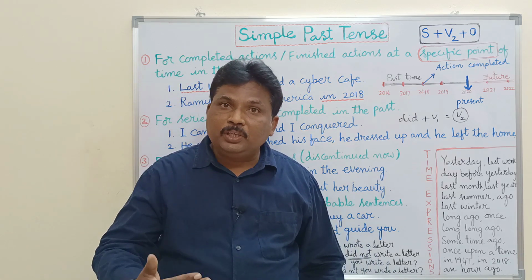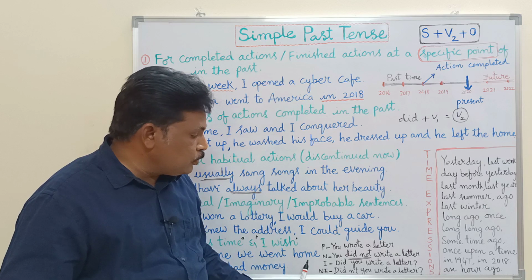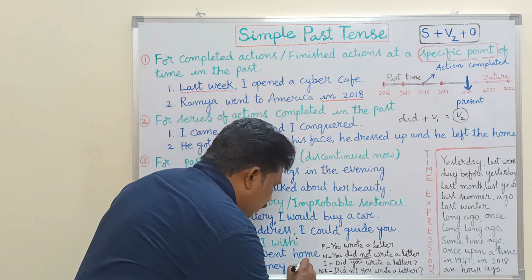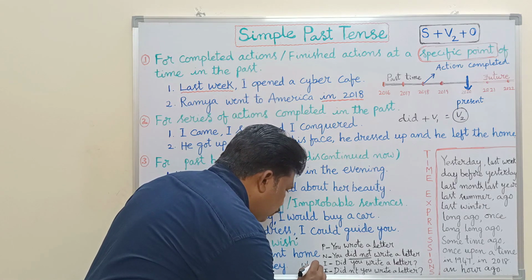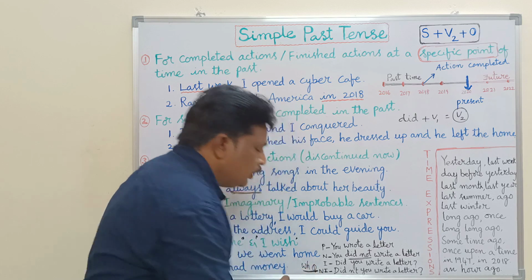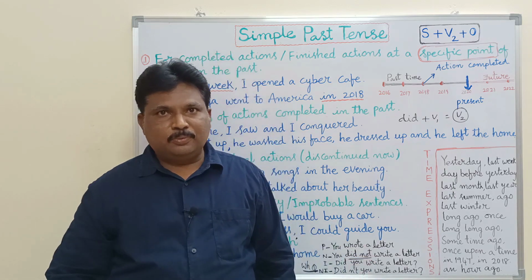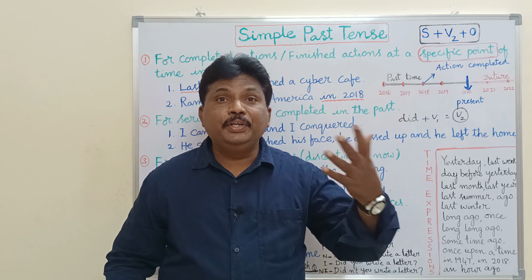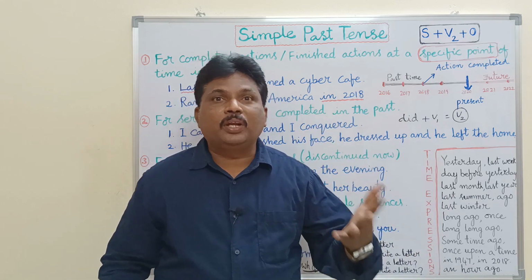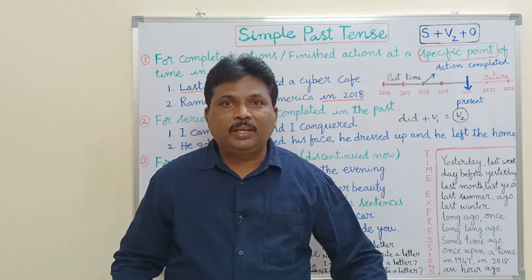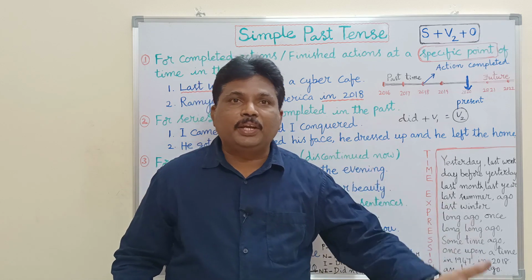And apart from these, you can add WH question words before these. If you add WH question words, then it will also be an interrogative sentence. For example, why did you write a letter? When did you write a letter? Whom did you write a letter? How many times did you write letters?